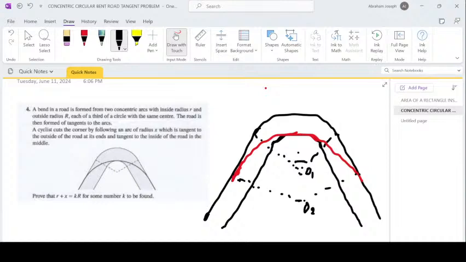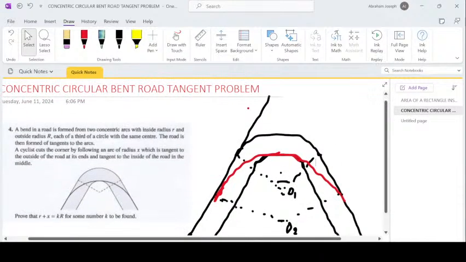What I mean by more geometric is that if we extend this line, it's going to meet somewhere, right? Let's say it meets somewhere here.